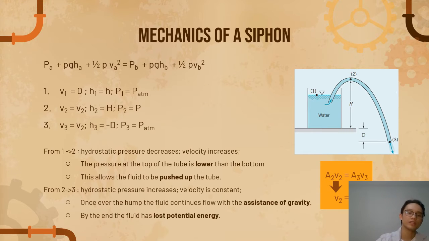So at point 1 we assume that the velocity is 0, hence your dynamic pressure is 0. Then you have some height h1, which gives it some hydrostatic pressure, and then P1, which gives it some atmospheric pressure or static pressure. Moving on to point 2, we have some dynamic pressure from the velocity it has at the top of the tube.